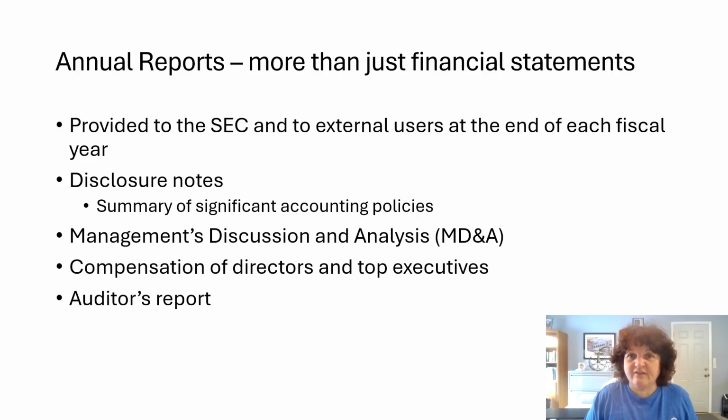And so it's only if they have certain lenders or creditors that they want to satisfy some terms of a loan that they got, they might have to create those. But we're mostly talking about publicly traded companies when we're talking about these annual reports.